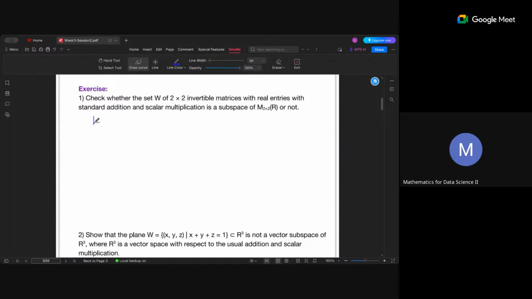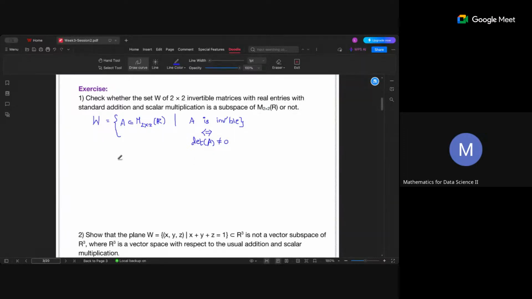Your given set W is nothing but the set of all matrices A in M 2 by 2 of R such that A is invertible. If A is invertible, what are all the equivalent conditions you have? Determinant not equal to 0. This is the main condition we need.